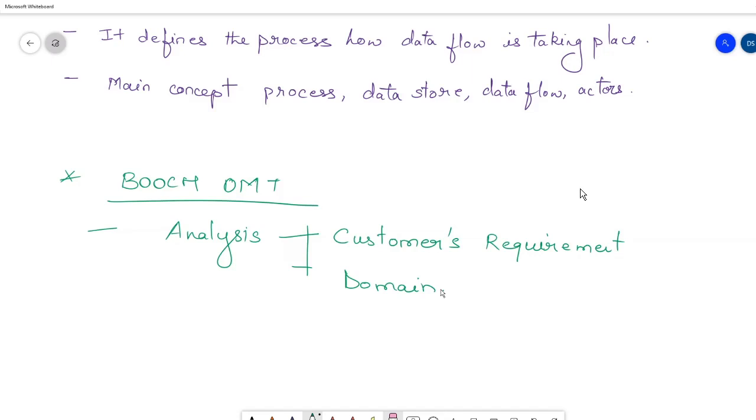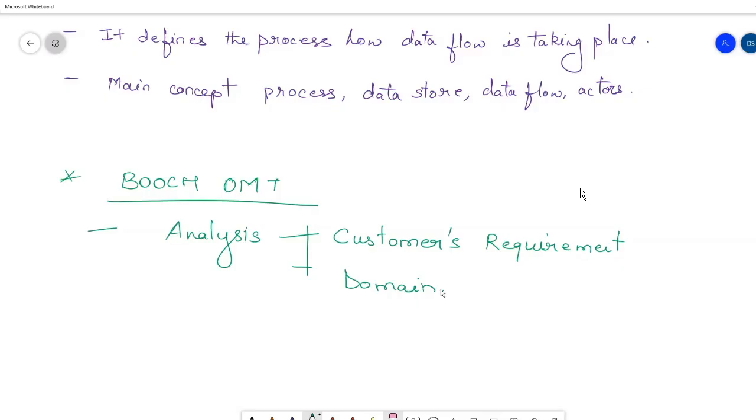But at the same time, it has a drawback. That is, it concentrates on the analysis and design phase. It does not consider the implementation or the testing. It mainly focuses on how the representation should be, how the class code should be defined, what the object should be, how the attributes, operations, and responsibilities should be.